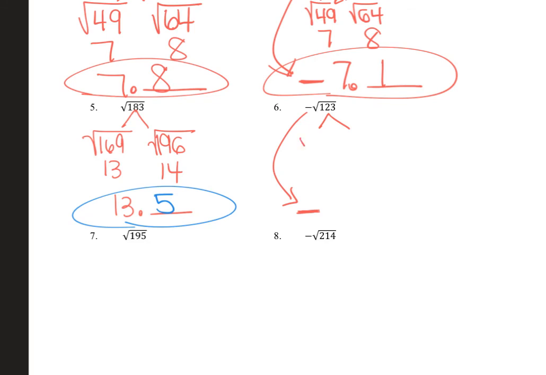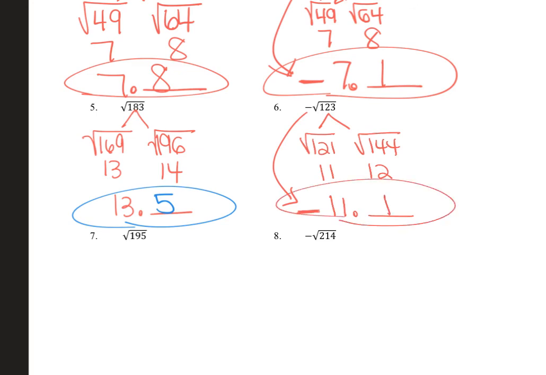And then 123 is between 121 and 144. That's going to be between 11 and 12, and it's going to be negative 11 point something. And 123 is really, really close to 121, so it's probably going to be 11.1 or 11.2. I'm going to go with 11.1.